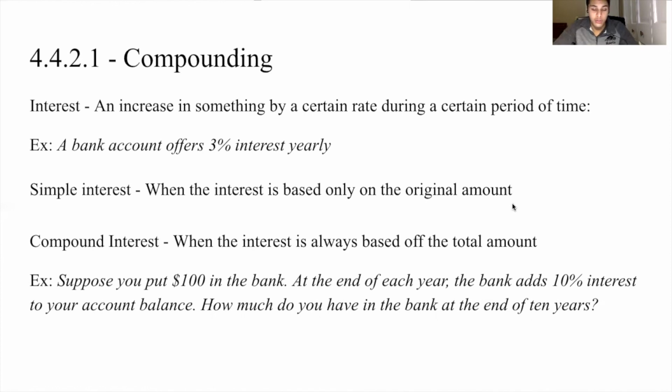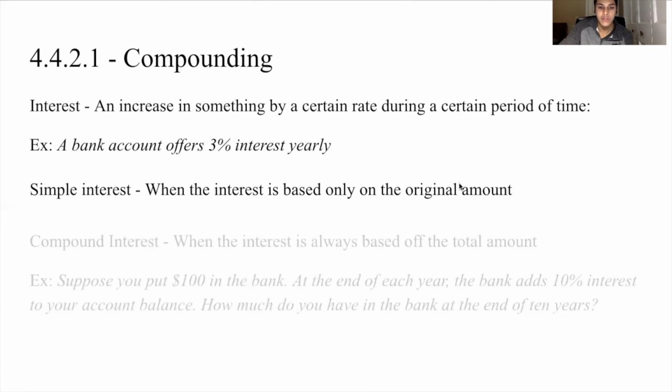So if you put $100 in, and then every year it would only add 3% of that original $100. Whereas compound interest is based off how much there is in the account at any time. So if you had $103 after the first year, then you'd find 3% of that $103 and add that, and so on every single year.